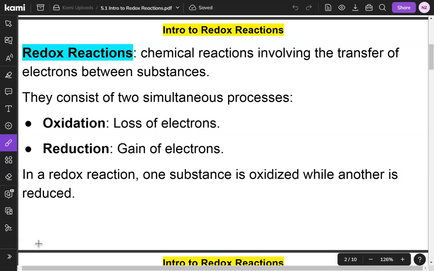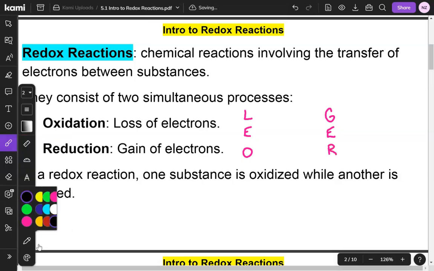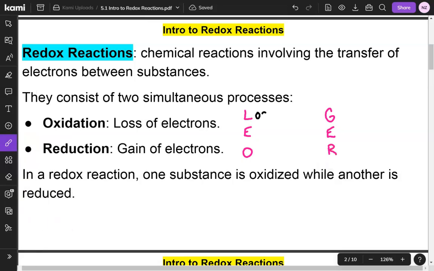So, Leo the lion says grr. That means a loss of electrons is oxidation.